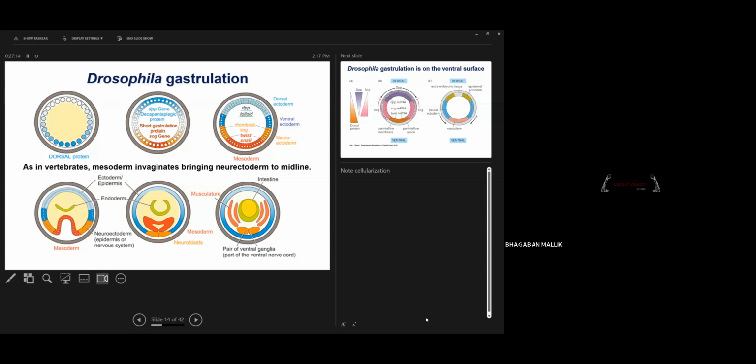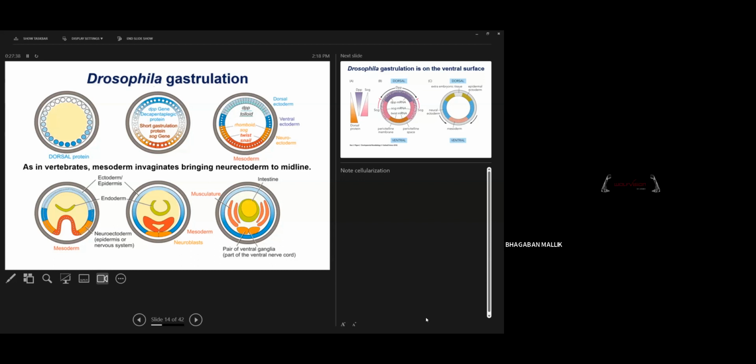Last class, I talked about gastrulation in the frog, in the dorsal blastopore lip, and also the primitive streak in the chicken. These are called the Spemann organizer. So you have something like the Spemann organizer in Drosophila, and here the gastrulation happens.